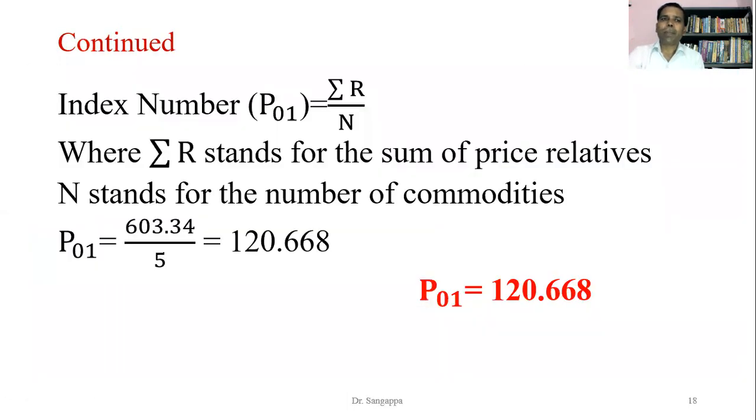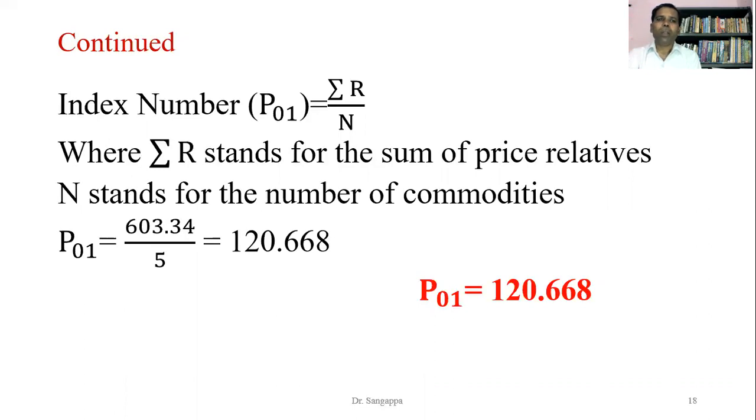And here sigma R, that means the sum of relative prices, equals 603.34, and the formula is sigma R upon N, whereas R stands for the sum of price relatives, and N stands for the number of commodities.